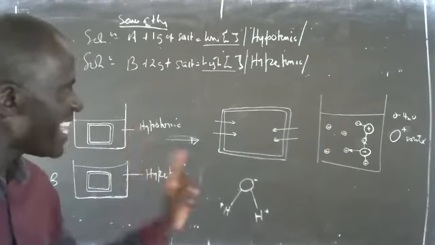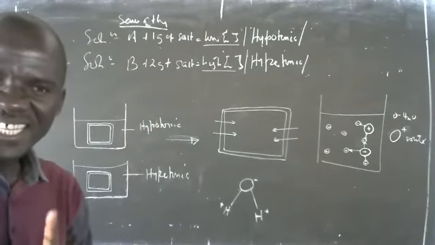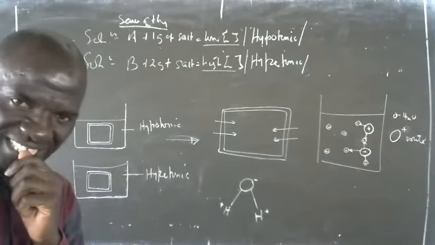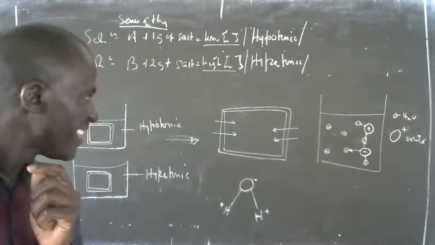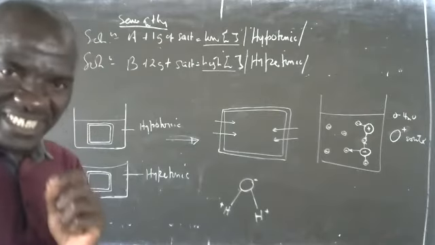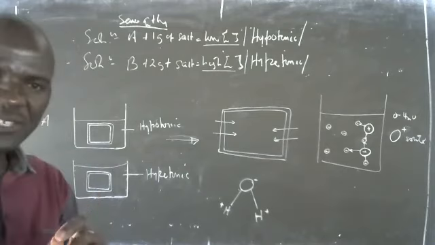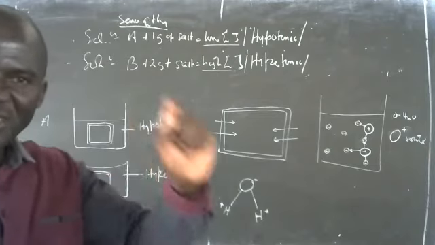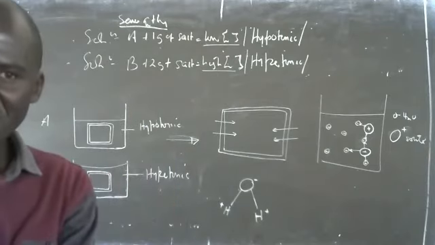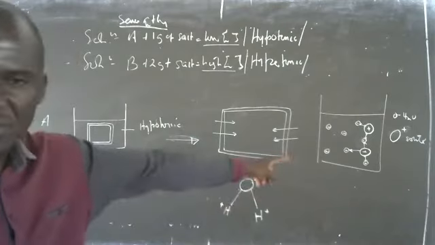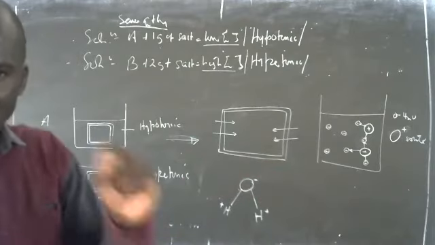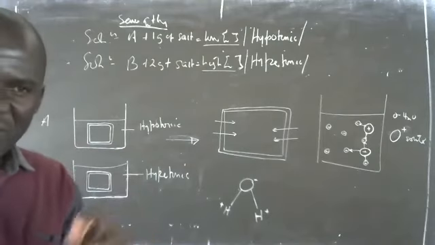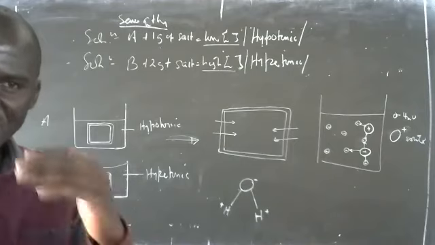Now we are remaining with only 3 with ability to move. You should master that. Why should water molecules move from a low concentrated solution to a high concentrated solution? It is stemming from this. The more solute you dissolve in, the more water molecules will be attracted and stopped from movement.